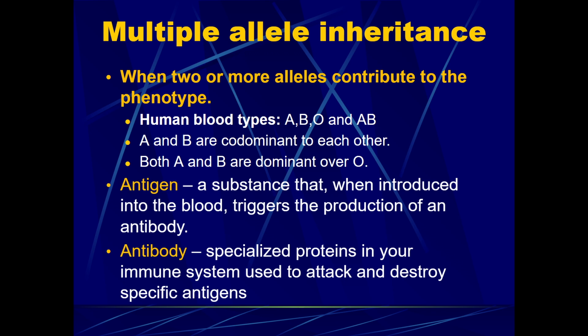Now, an antigen is a substance that, when introduced into the blood, triggers the production of an antibody, or a specialized protein in your immune system used to attack and destroy specific antigens. In general, we wouldn't talk about things that are present on our own cells as antigens, because it's usually anything foreign that could cause disease, hence an antibody wanting to attack it.